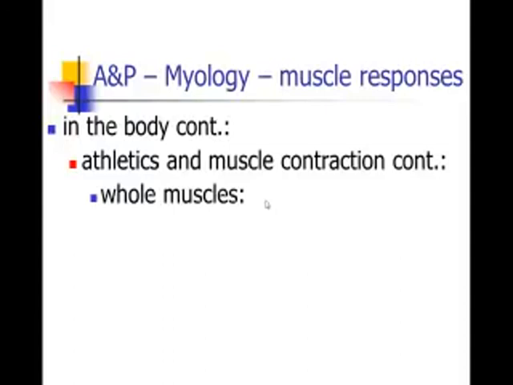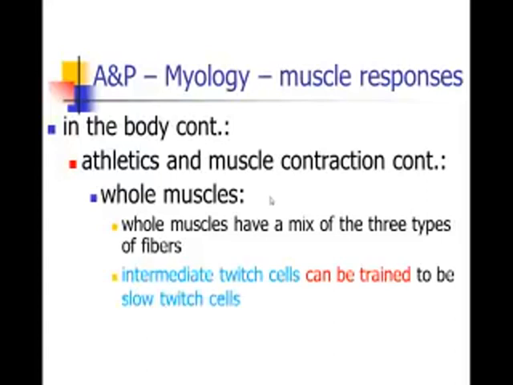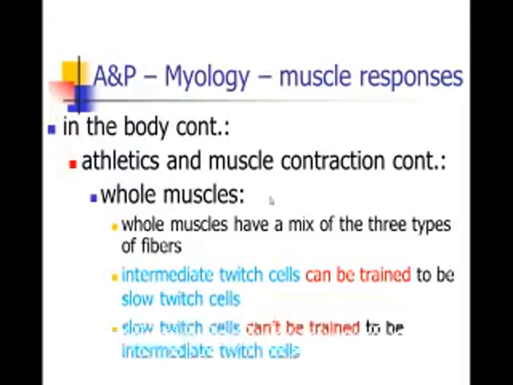So whole muscles, which kind of muscle cell are they used, Pansy? Right, all three. Okay. And not all muscles have exactly the same mix in terms of percentages. Some have more of one or more of the other. Here's an interesting and very cool thing, though. Intermediate twitch cells can actually be trained to become slow twitch cells.